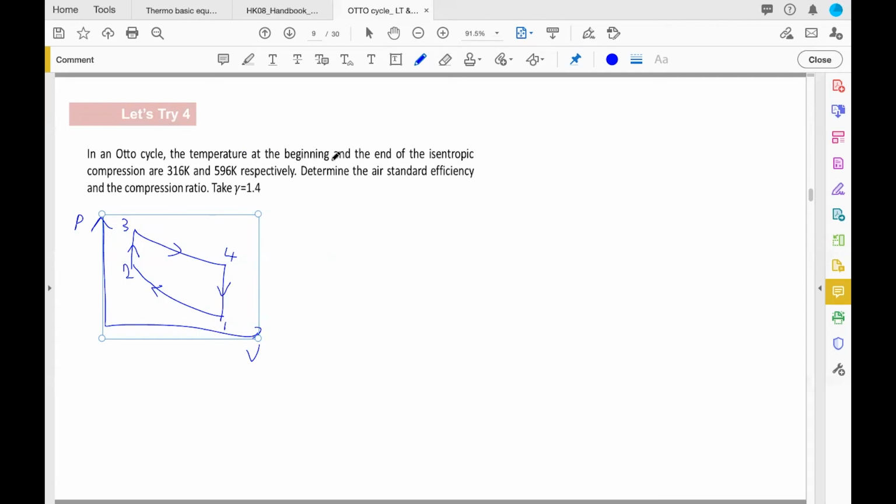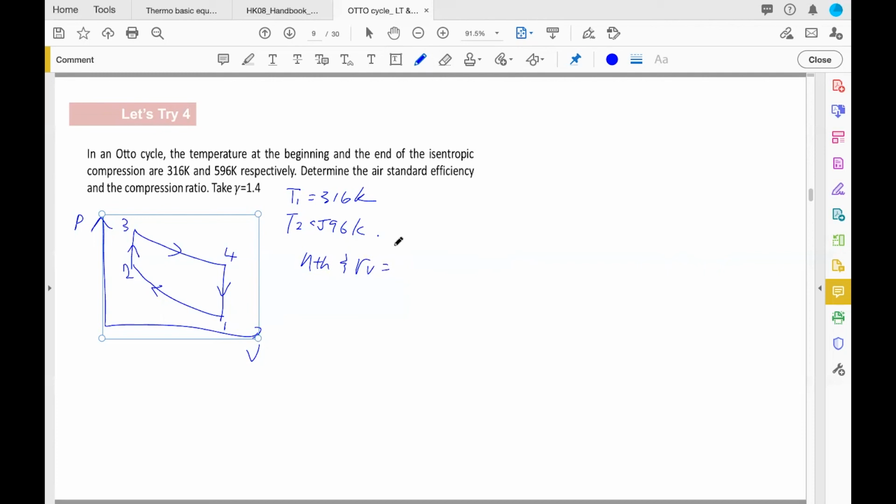So we know the temperature at the beginning, T1 equals 316 Kelvin, and at the end of compression T2 is 596 Kelvin. Determine the air standard efficiency, another way to say it is the thermal efficiency, and also the compression ratio. How to solve that?